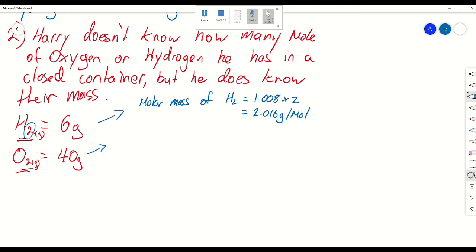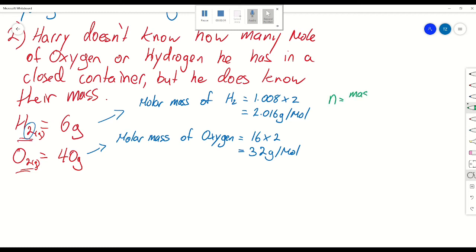For the oxygen, molar mass of oxygen equals 16 times 2, which equals 32 grams per mole. So we've got that first initial part ready. Now let's figure out how many moles we've got in total for our original mass. We use that one again from last period: n equals mass divided by molar mass.